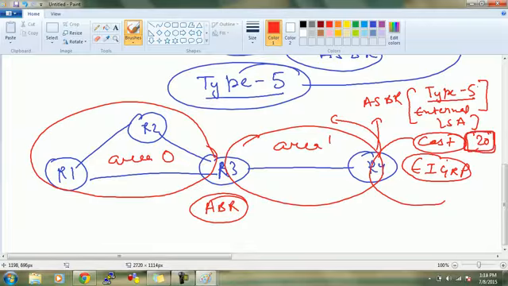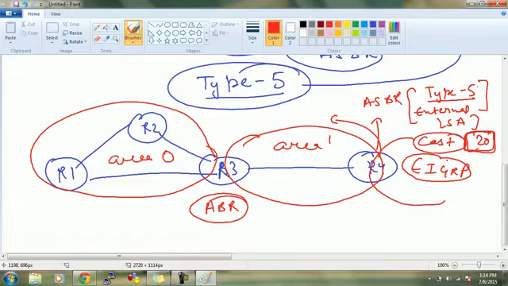There is no need to define metric for the routes which are redistributed in OSPF. Metric is predefined. The value is 20. Clear? Whenever I am redistributing something into OSPF, there is no need to define metric. The value is 20.